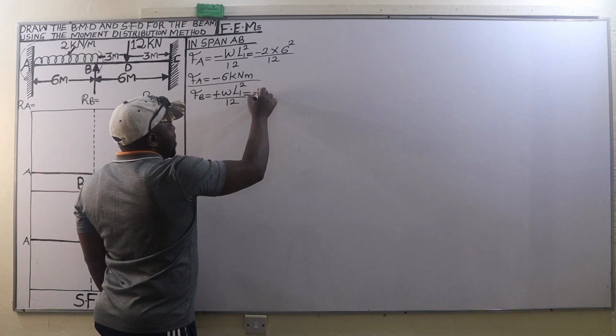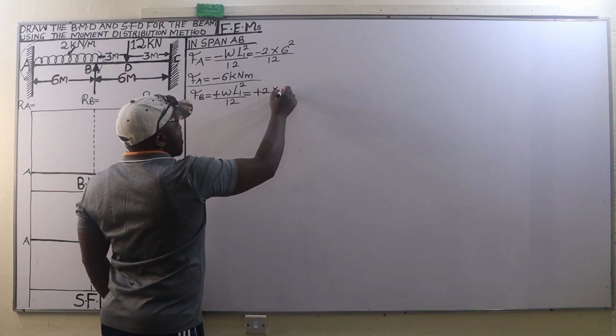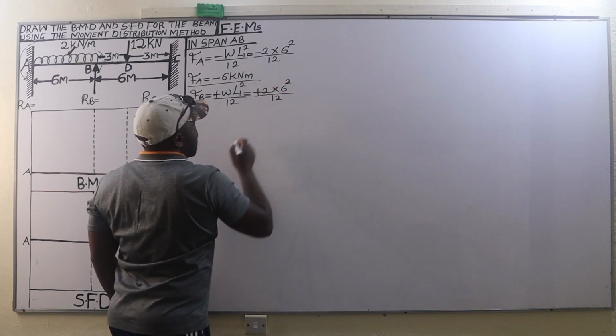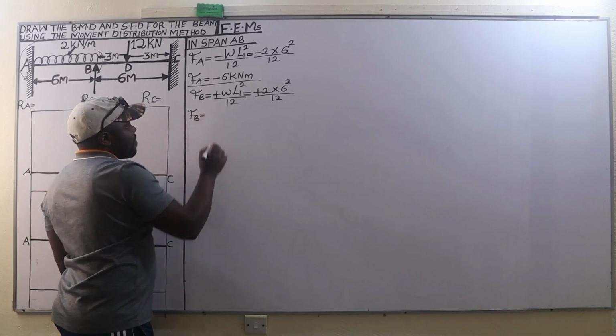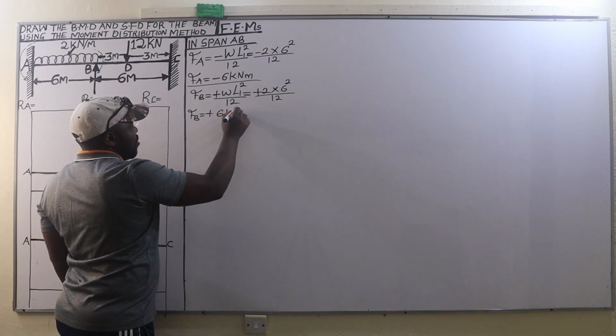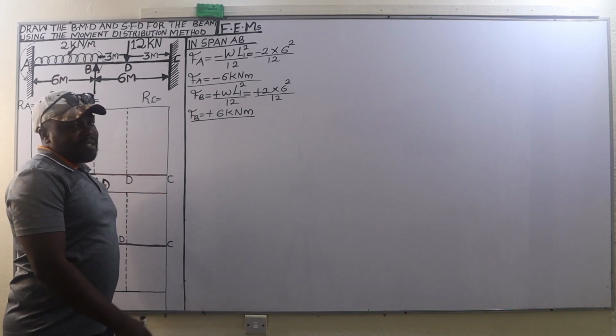This is going to be positive 2, that is the UDL, multiplied by the span, which is 6 meters, so we square it, then we divide that by 12, and this is going to give us a fixed end moment at B of positive 6 kilonewton meter. So we are done with the span AB.